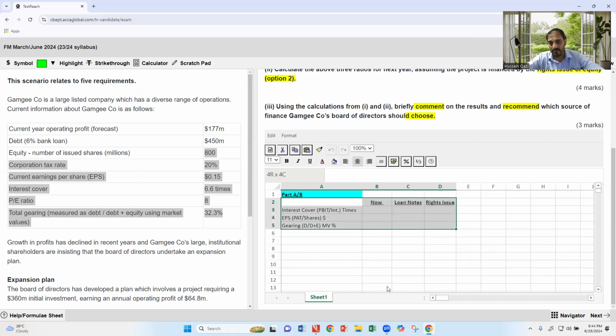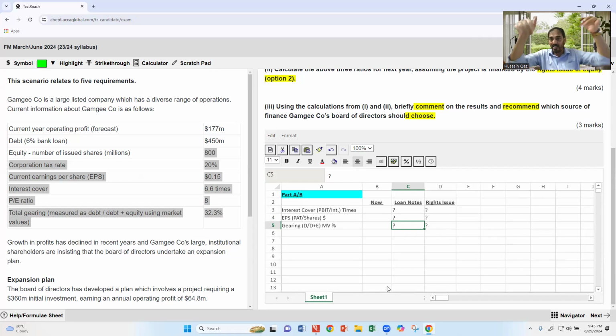This should be the structure. These are three ratios that need to be calculated. Now data is available, and we need to calculate from it. That's all. First of all, you need to develop the structure, then fill in the data accordingly.